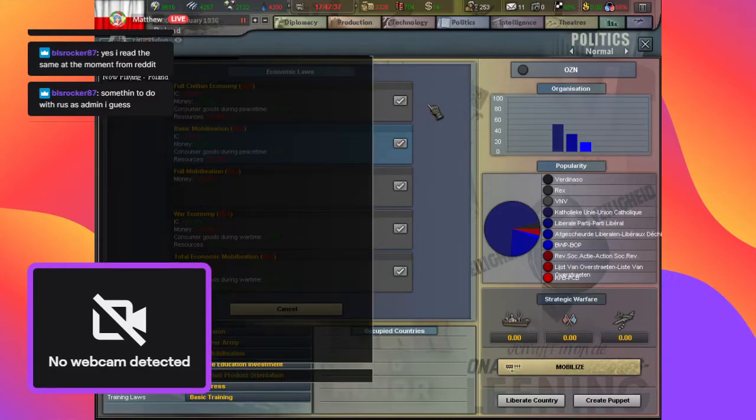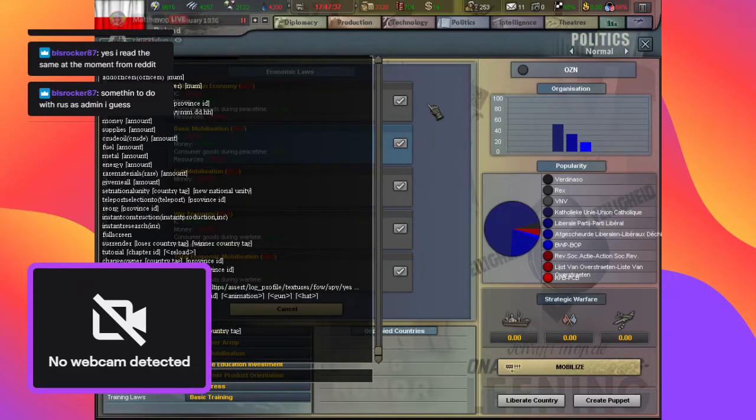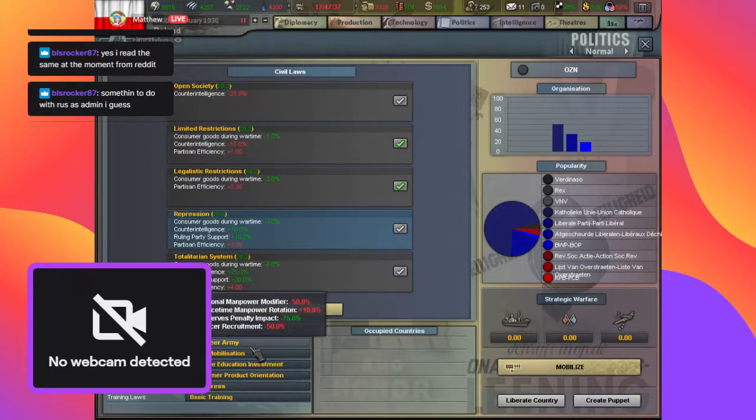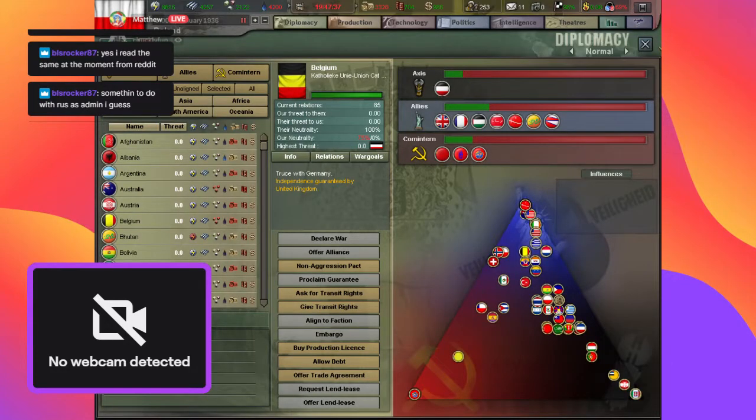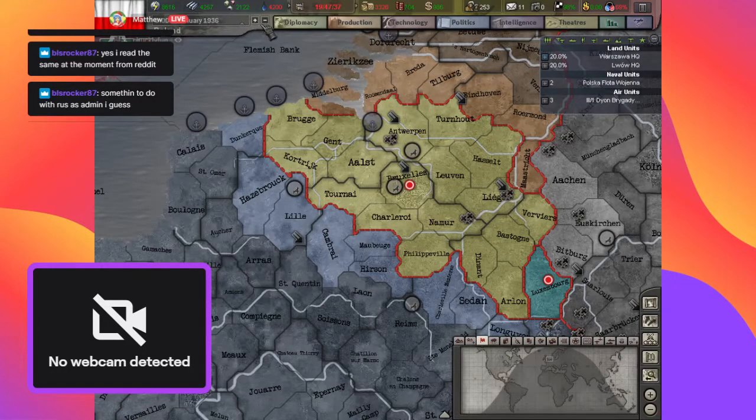I do like putting the cheats in just so it's easier to check different things. Oh yeah, I have to type in money. Let's do 1,000, so that way it will let me. Okay, so now I'm going to do this. I might have to go past one a day.